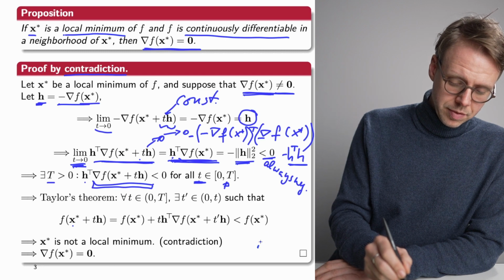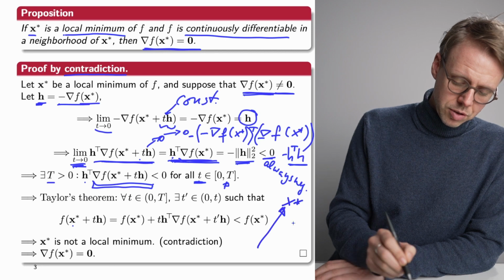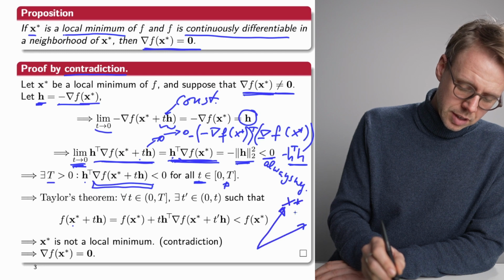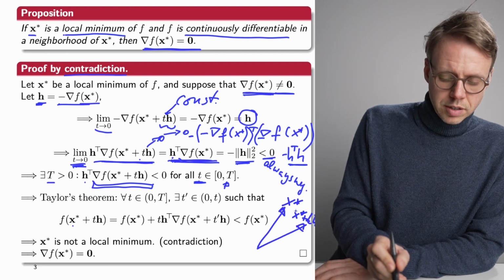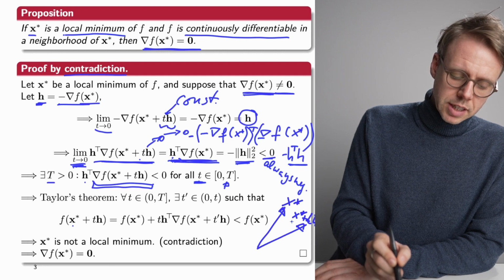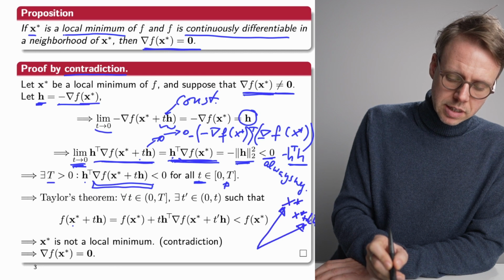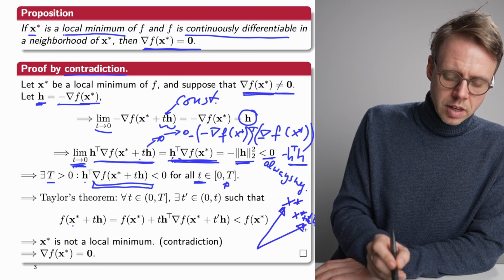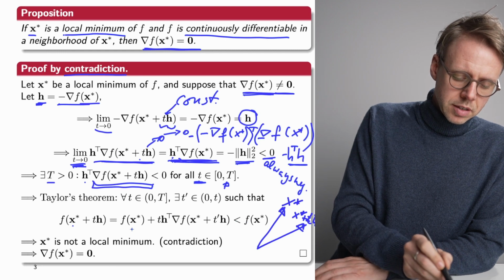So we have our point x star, our optimum, then we have our point x star plus th, and we know that this should be a minimum, and we're now interested in the function value at this point here. So x star displaced by t times h. And of course we can apply Taylor's theorem to look at this.